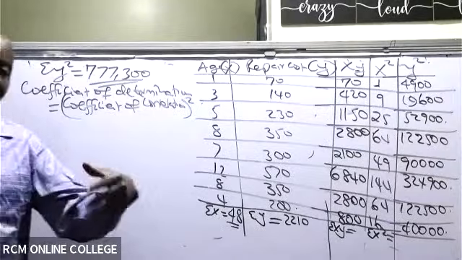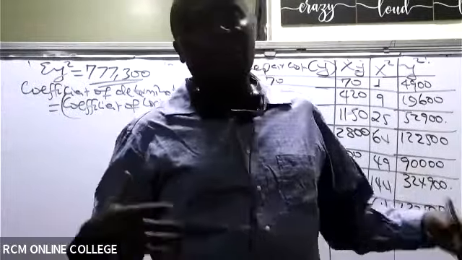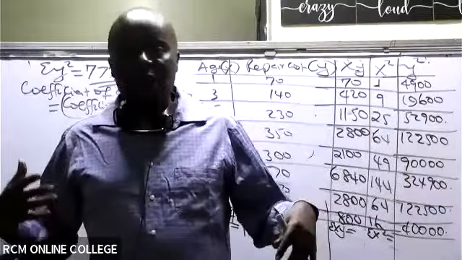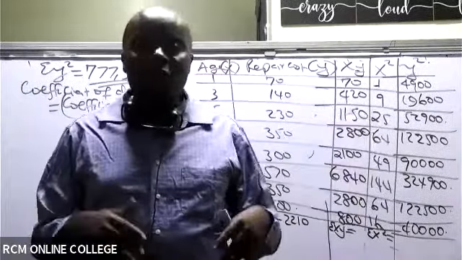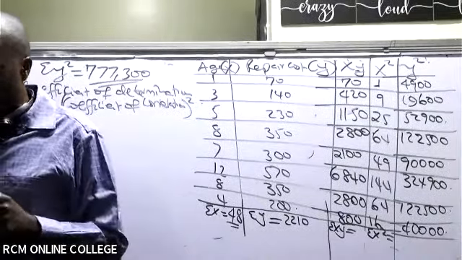So anytime they ask you to give them coefficient of determination, always remember that this is a child of the correlation coefficient. You simply square the coefficient of correlation to get the coefficient of determination.